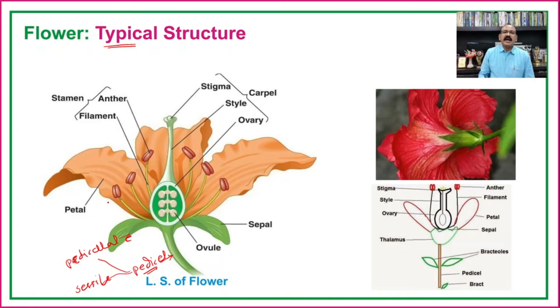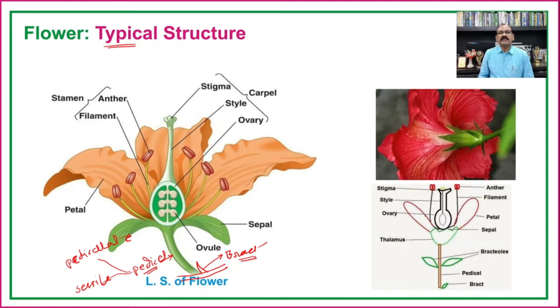Even at the base of the flower, there is a presence of a leaf-like or scale-like structure. This leaf-like or scale-like structure which is present at the base of the flower is known as bract.